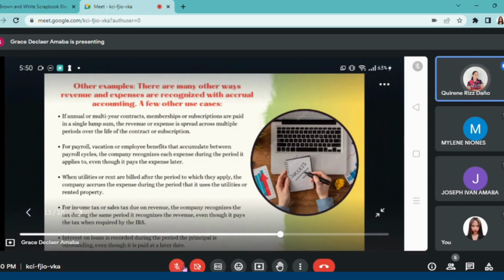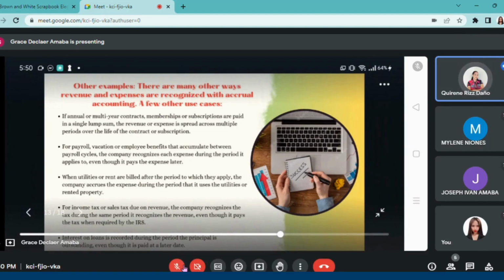For payroll, vacation, or employee benefits that accumulate between payroll cycles, the company recognizes each expense during the period it applies to, even though it pays the expense later. When utilities or rent are billed after the period to which they apply, the company accrues the expense during the period that it uses the utilities or rented property.